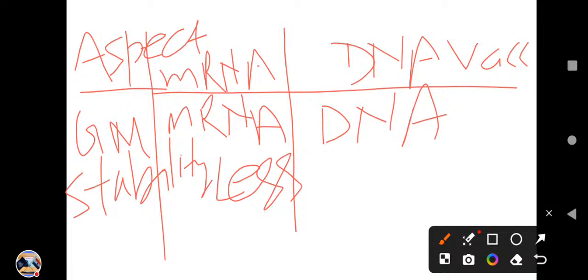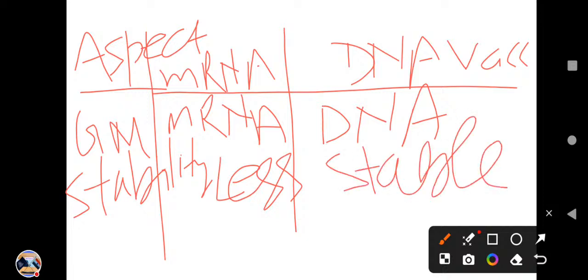But DNA is more stable and does not require lipid protection. Okay, this is stable compared to mRNA.